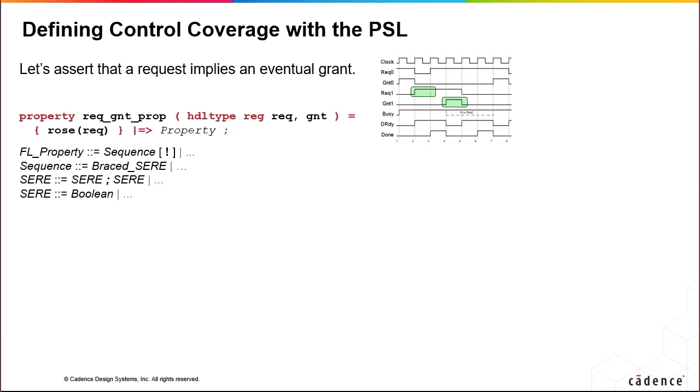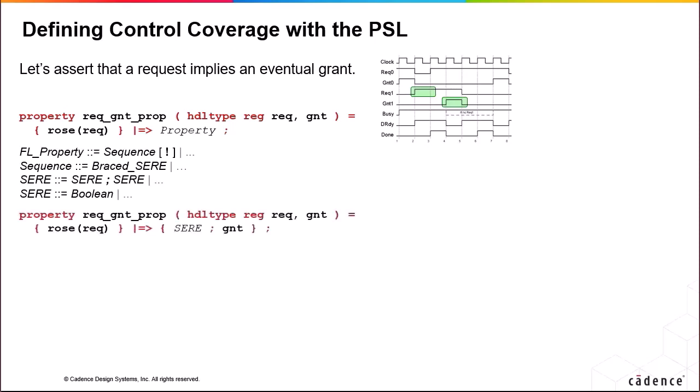One of the things that a sequential extended regular expression can be is a concatenation of two sequential extended regular expressions. Concatenation means that the left sequential extended regular expression operand completes, and in the next cycle, the right sequential extended regular expression operand commences.